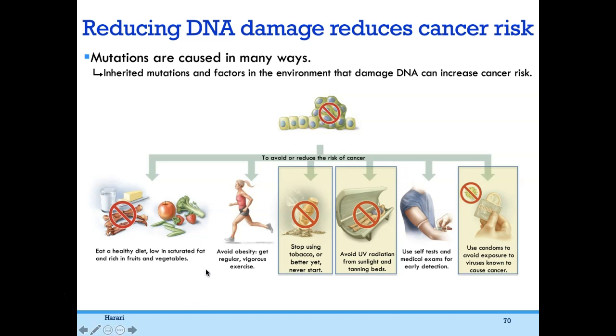By eating a healthy diet, avoiding obesity, getting very good exercise, do not use tobacco or sun tanning beds. Always practice safe sex, and make sure that you do as many diagnostic tests, right? Get blood work done regularly, go to the dermatologist to get screened for any skin cancer. So it's really about early detection, right? Making sure you detect it as early as possible so you can treat the cancer.